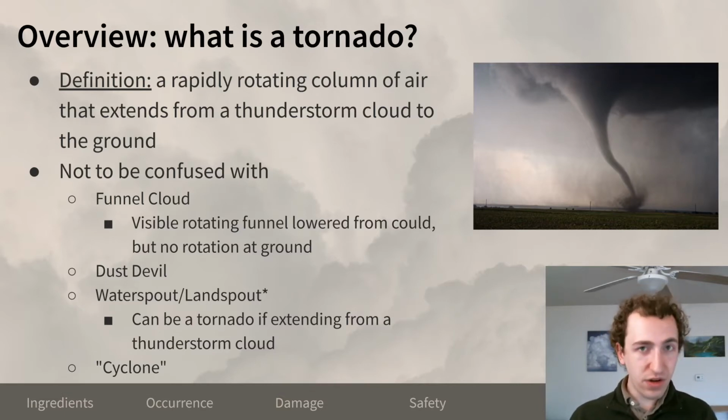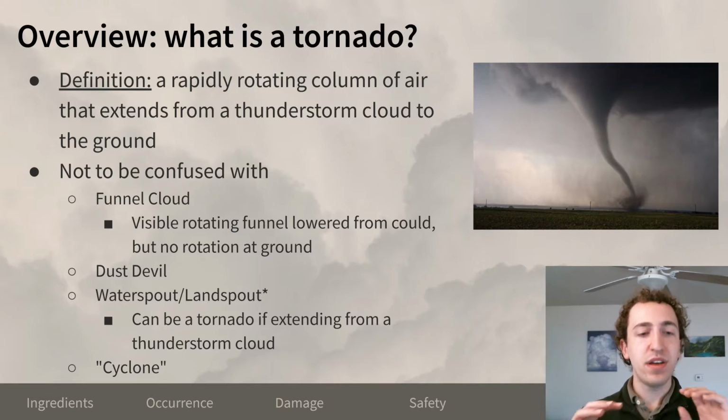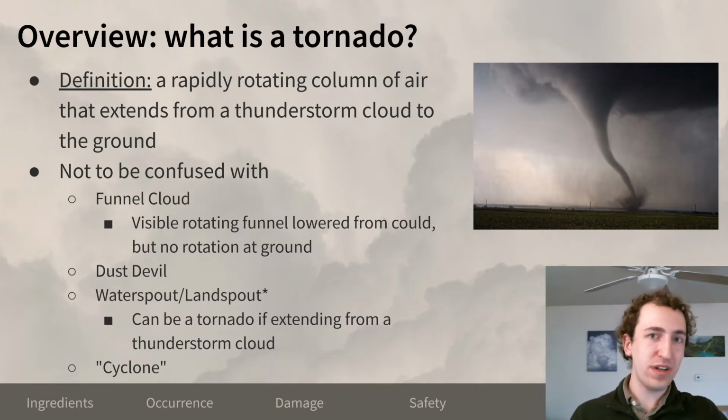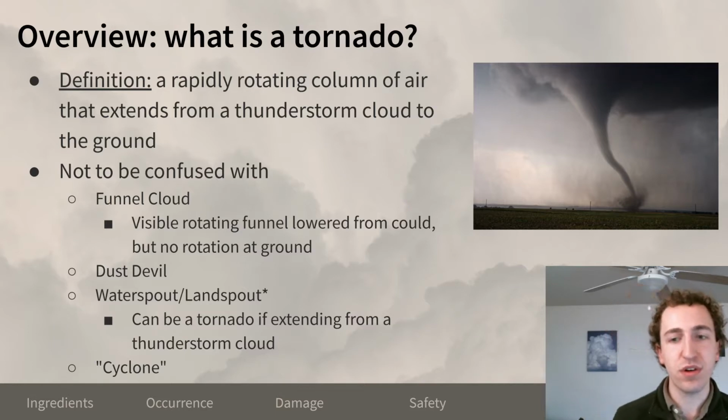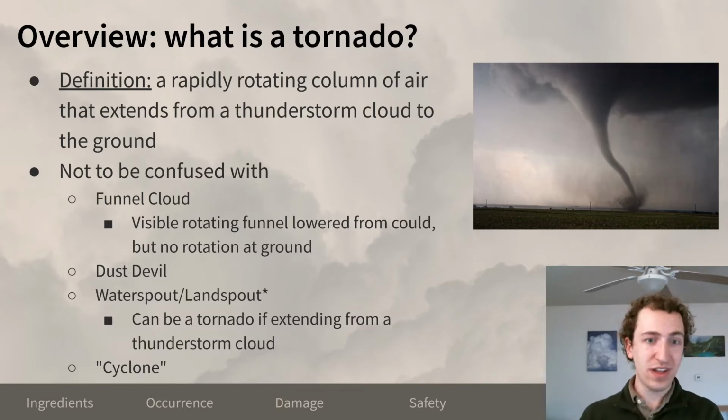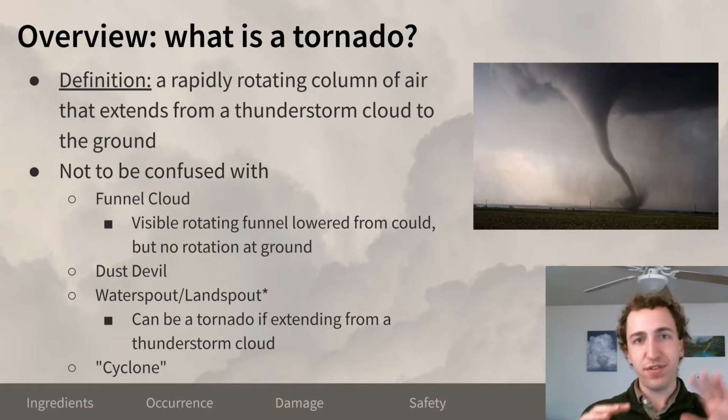But now cyclone as a proper term, and really its general term, how it's always been used and now is formally scientifically used, is just counterclockwise rotating air in the northern hemisphere around low pressure, because that's just how the dynamics of the atmosphere work. So a cyclone can refer to a tornado because that's counterclockwise rotating.